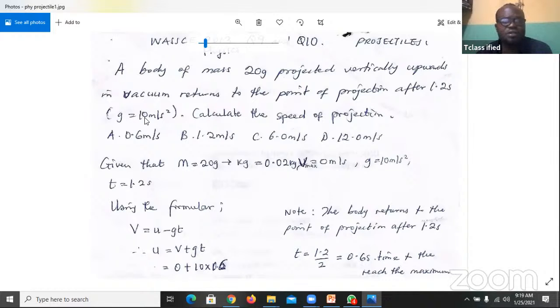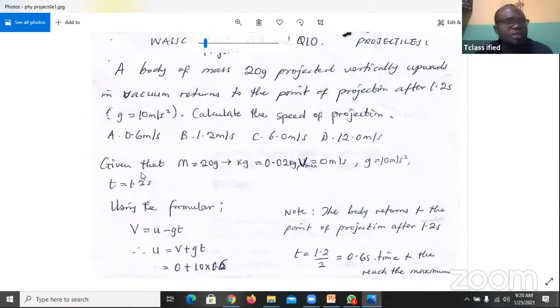The acceleration due to gravity is 10 meters per second squared. Calculate the speed of projection. We have options: A is 0.6 meter per second, 1.2 meter per second, 6.0, and 12.0 meter per second.